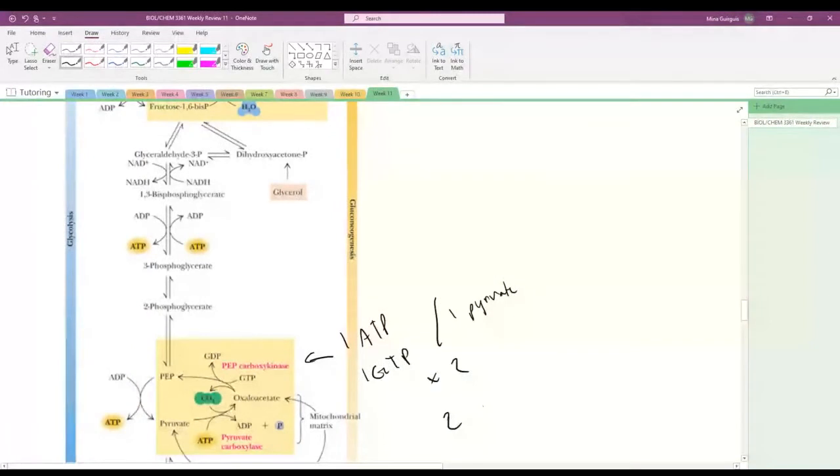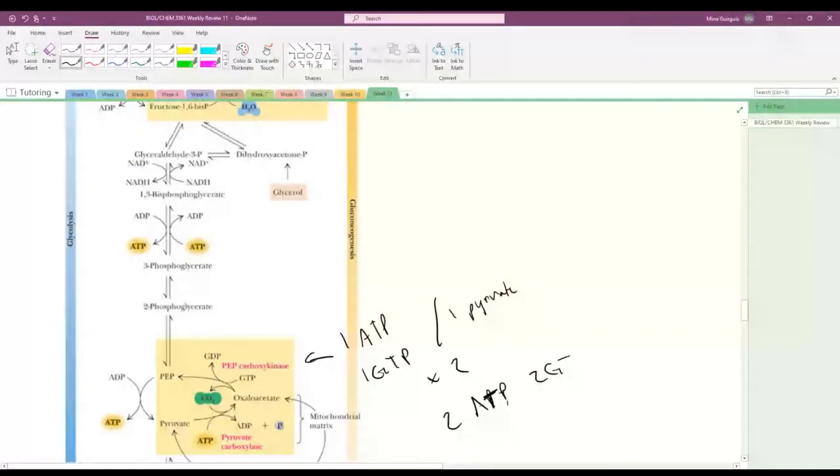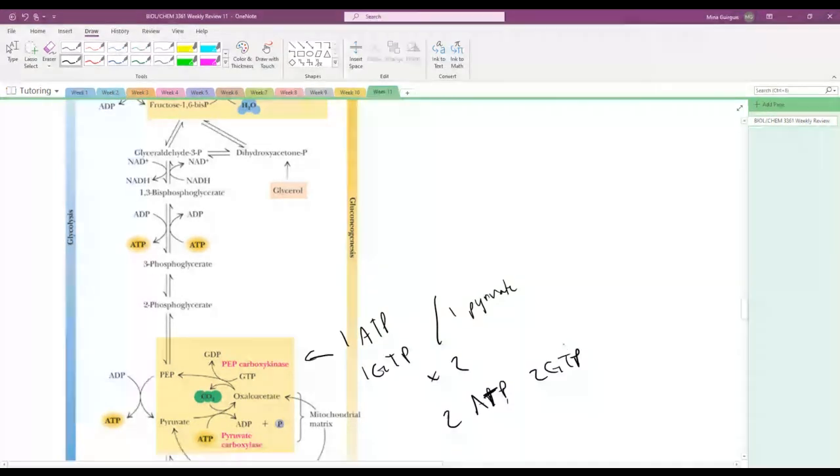So we really use 2 ATP and 2 GTP for gluconeogenesis. The third thing is, excuse me, that we also end up using 1 ATP here in the 3-phosphoglycerate to 1,3-bisphosphoglycerate reaction.